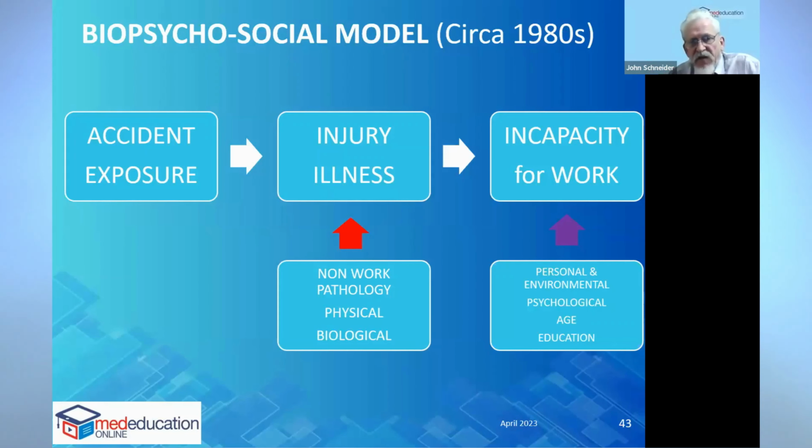The other thing that was associated with that incapacity to work may be non-work related pathology of a physical or biological situation. Of course, once the incapacity starts, then there are other personal and environmental factors such as age and education and psychological background that may affect capacity to return to work particularly. Next one.